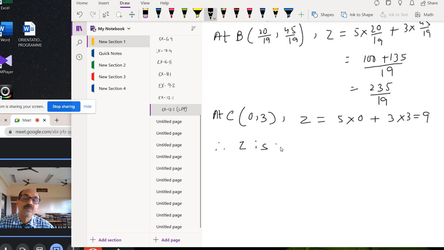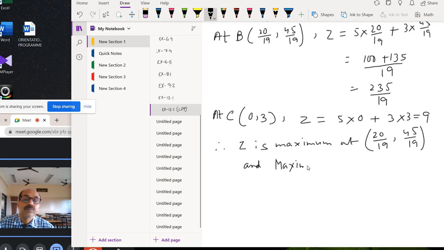Z is maximum at point 20 by 19, 45 by 19, and maximum value equal to 235 by 19.